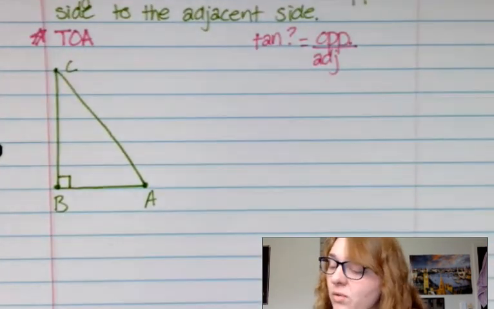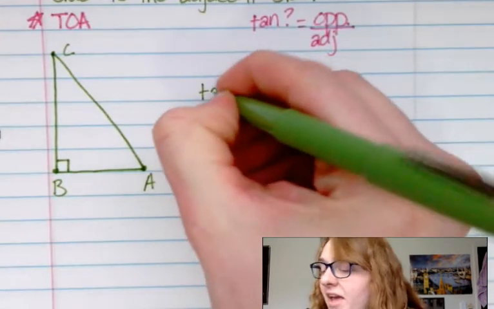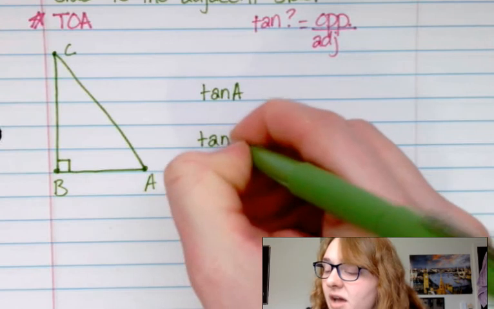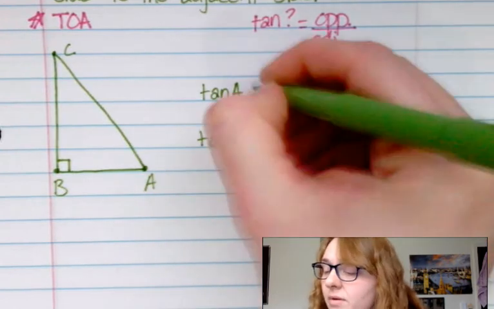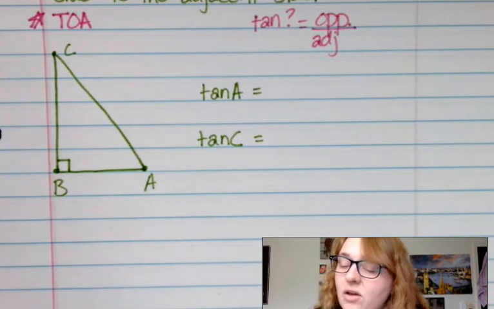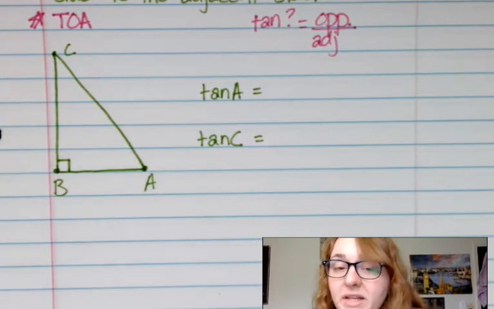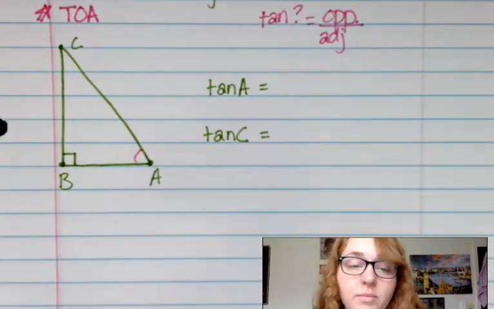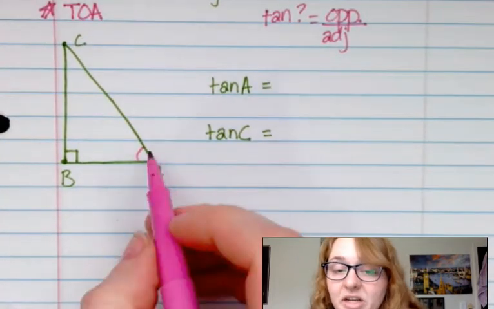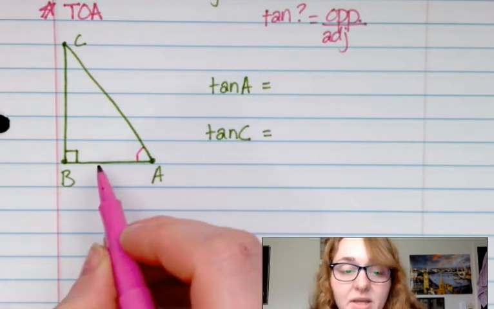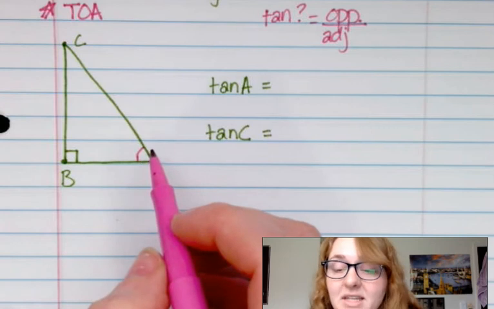So we can do the tangent of A, that angle, and the tangent of C. Looking at angle A here, we want its opposite side, the side that it's farthest from, the side that it is not touching. We can see that angle A touches this side on the bottom, BA, and it touches our hypotenuse, CA.